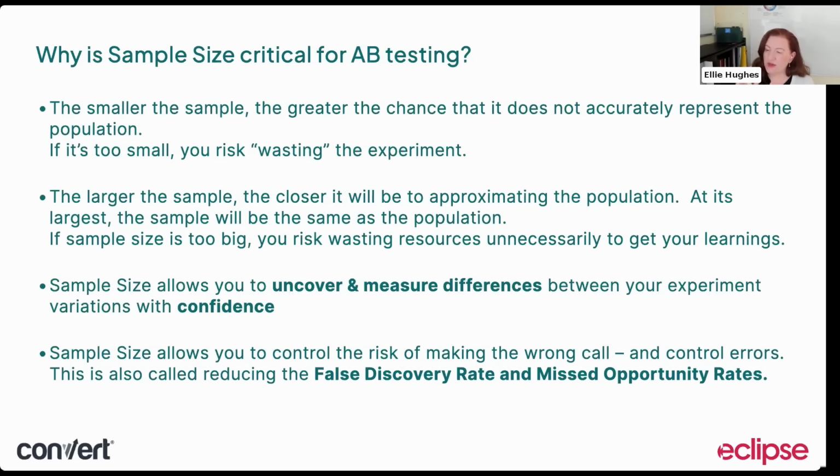Those are two types of error that we try to control for using what's called statistical confidence and statistical power. I won't go into that in too much detail. We can always have a separate stats-focused session on those. But that's why, when we're talking about sample size, we have these controls, like type 1 error, type 2 error, as it's sometimes referred to, or statistical confidence and statistical power.